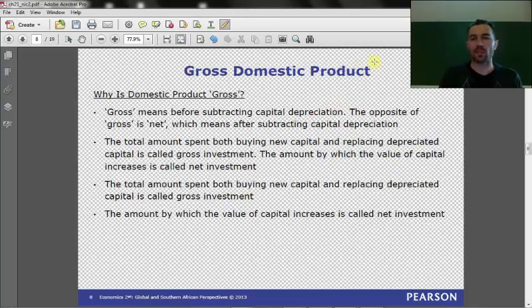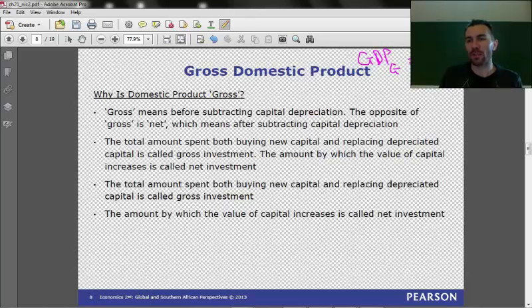What do we mean? Let's just write it as an equation. Gross GDP, so I'm going to call it GDP G for gross, is equal to GDP net, so GDPN, plus depreciation.